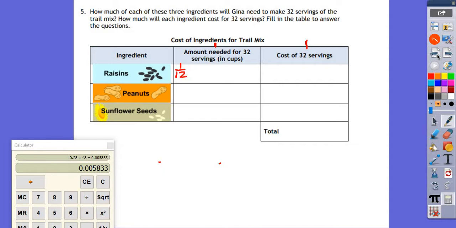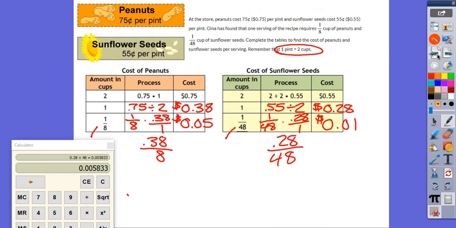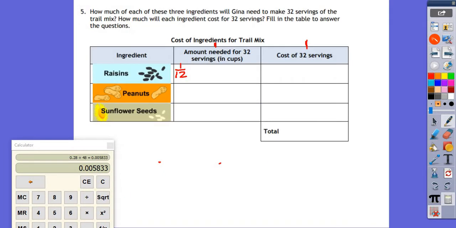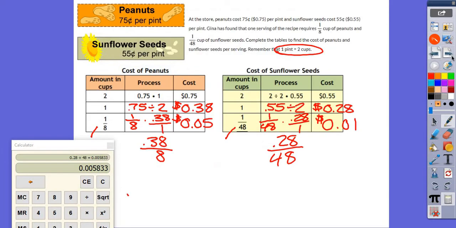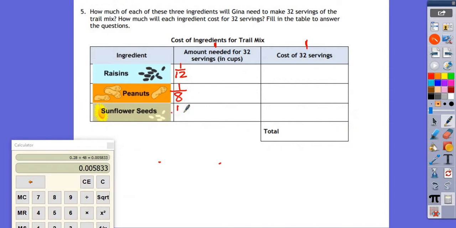What about peanuts? 1/8. And sunflower seeds? 1/48. That's one bag. How many bags do I need? 32.